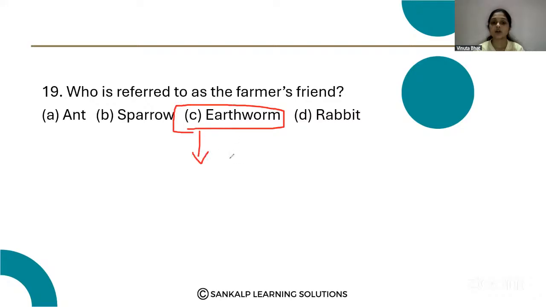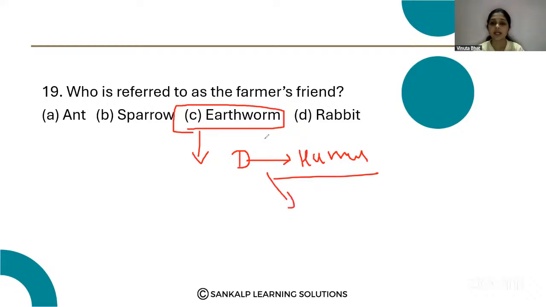So they feed on the detritus, right? Detritus, dead and decaying material, they feed on it. So like plant leaves and all, and that releases some organic matter to the soil, right? For example, humus is released, right?